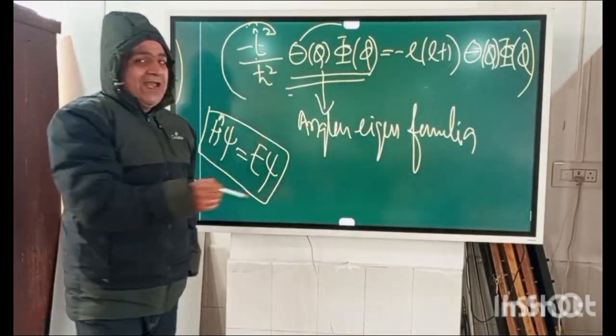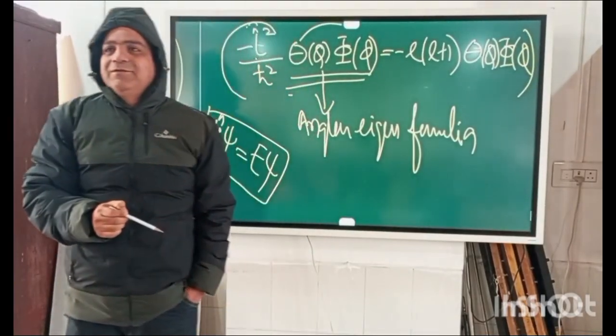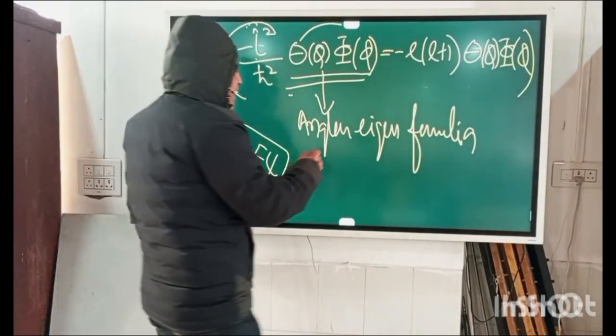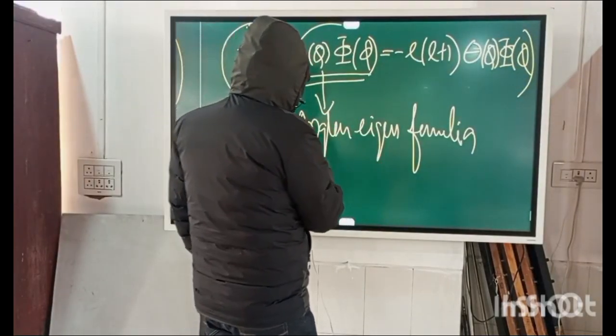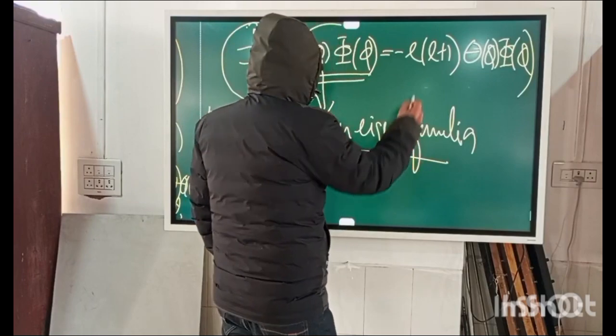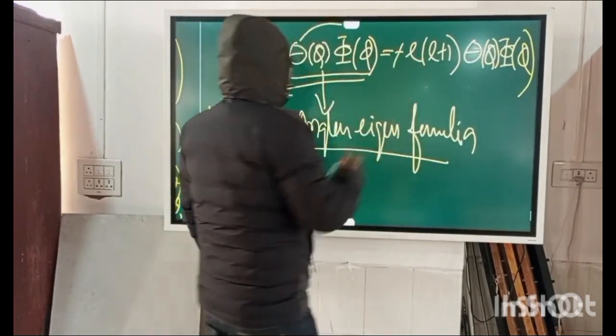And what we are obtaining here? We are obtaining here the angular momentum eigenequation, right? So this is your angular eigenfunctions, and you can see this minus and minus will cancel.